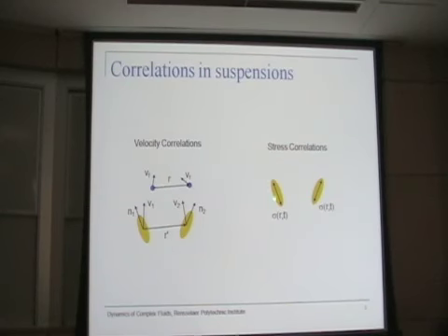You can also, as we've seen before, this active motion of these organisms induces a stress like this at this position. And there's another stress here in this position. And so you can look at the stress as a function of space and time, and then look at spatial correlations of the stress, and also look at time correlations of the stress.